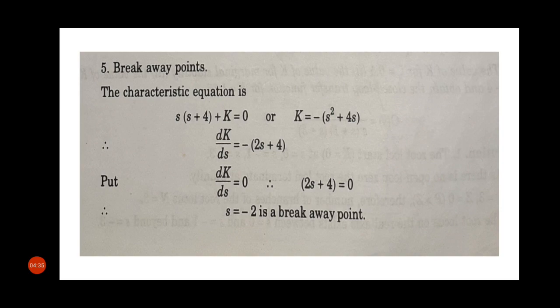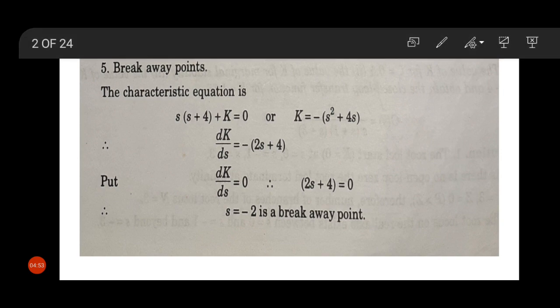To find the breakaway point we need to calculate dK/ds. That means we differentiate K with respect to s and put dK/ds equal to 0. If we differentiate K with respect to s, then we find dK/ds equal to -2s minus 4, and if this is equal to 0, then s equals -2, and this -2 is our breakaway point.